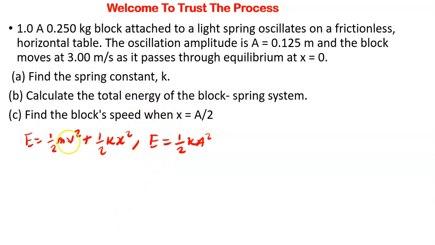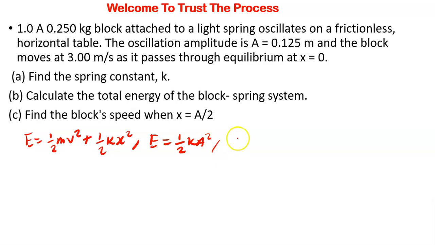The maximum displacement is what we call the amplitude. So at the maximum or minimum displacement, the velocity becomes 0, hence x becomes a, and the mechanical energy equals the elastic potential energy. That's why we have this equation.